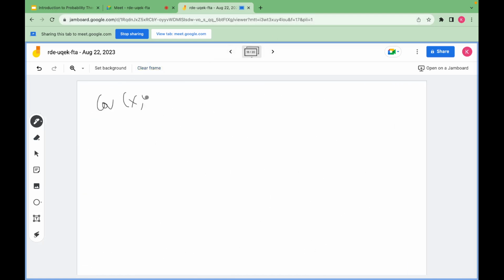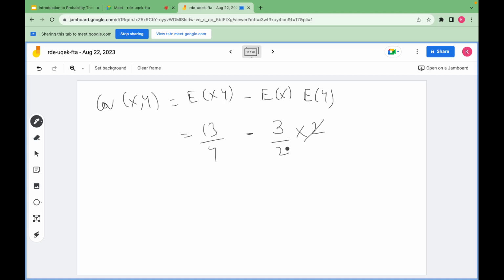So covariance of x comma y is expectation of xy minus expectation of x into expectation of y. This is 13 by 4 minus 3 by 2 times 2, which is 3. So 13 minus 12 by 4, this is 1 by 4.